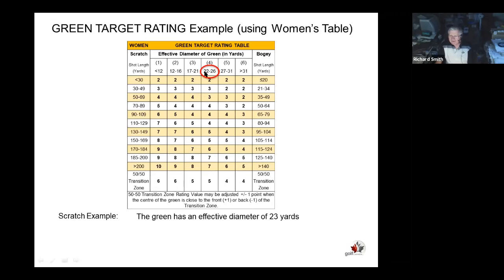That means we're going to be in this column here. And it's a 138-yard shot, which for scratch is in this row here. So the scratch green target table value is 5.